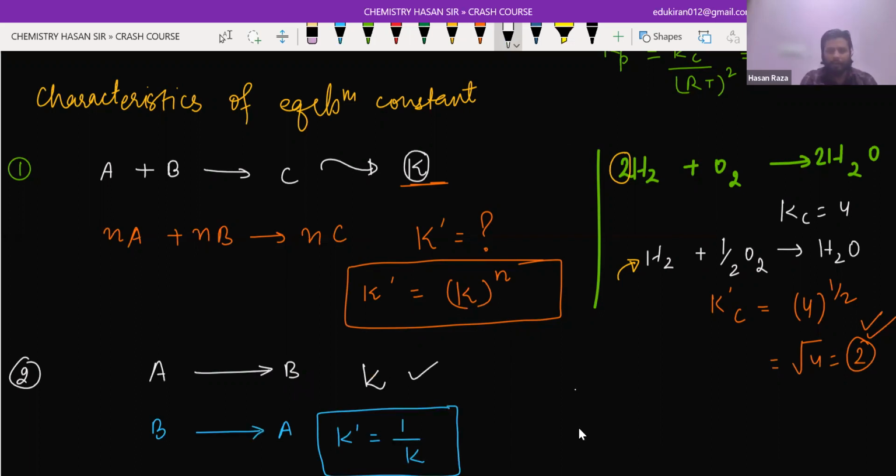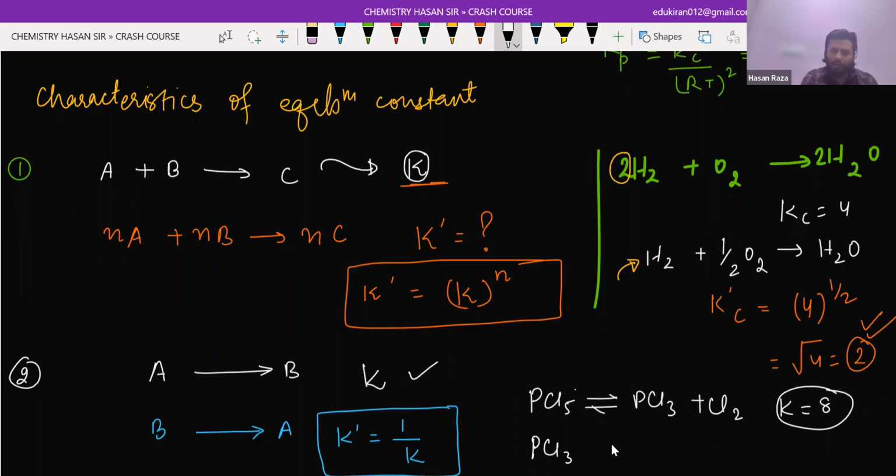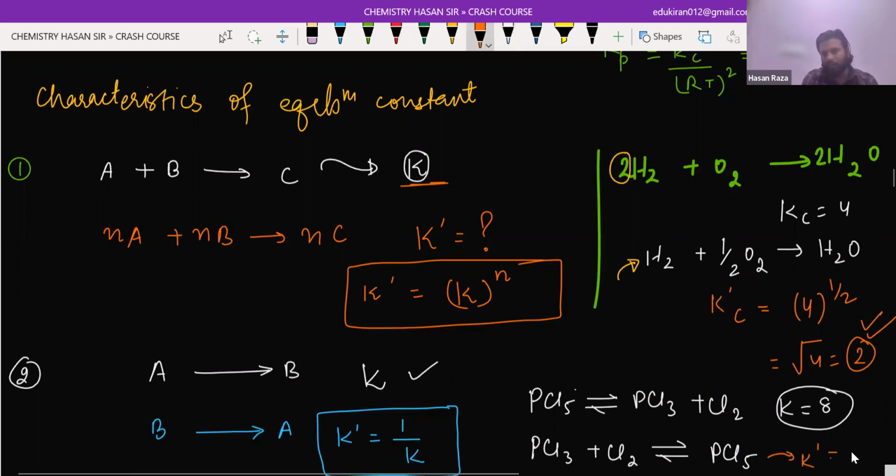Let's say with an example, PCl5 gives you PCl3 plus Cl2, which has equilibrium constant 8. If someone asks you the equilibrium constant for the reverse reaction, you can easily recognize that it is reversed. So K dash will be equal to 1 by 8. Are you getting my point?